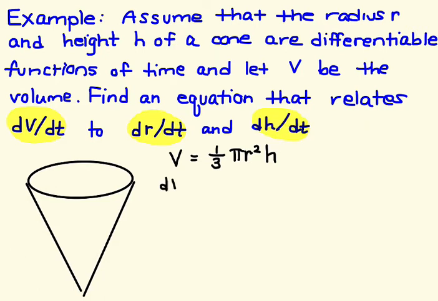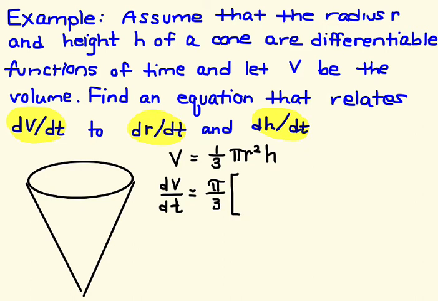So dv dt is equal to, what we have here is the product rule, don't we? Let's pull the constant out. The constant is pi over 3. Now we have r squared h, right?